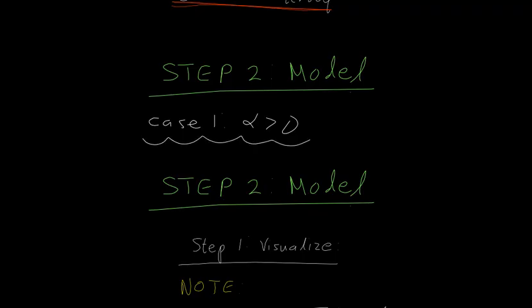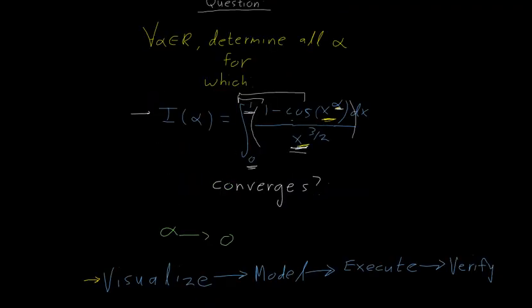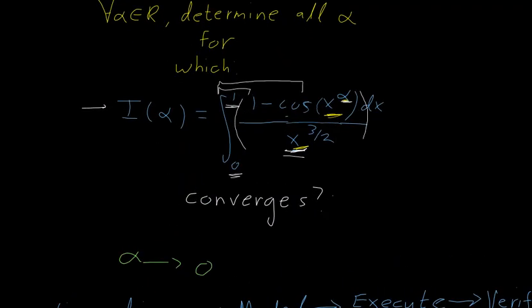That's case 1. Then the expression inside the cosine becomes very small near 0. We talked about that earlier. The expression inside the cosine becomes very small near 0 when alpha is greater than 0.